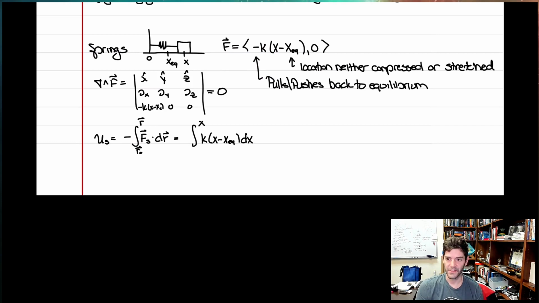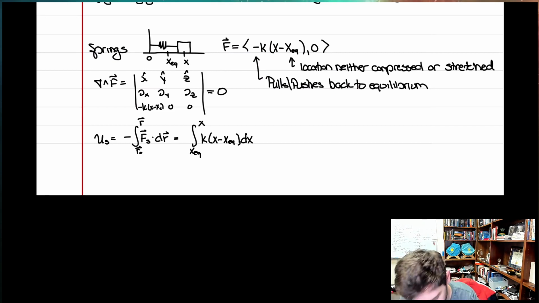And now I have to make a choice as to what I think my 0 point is going to be. And again, you are free to make it be whatever you want. But one that might make sense is to let that equilibrium point be where there's no potential energy in this case.